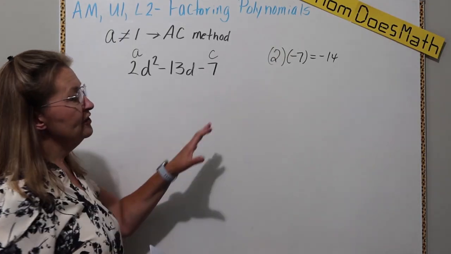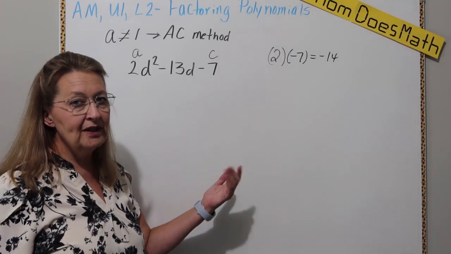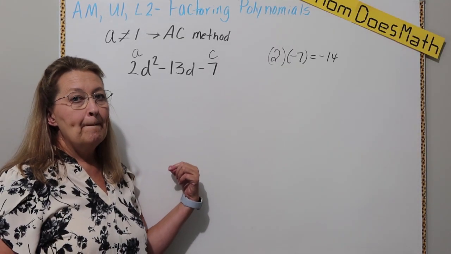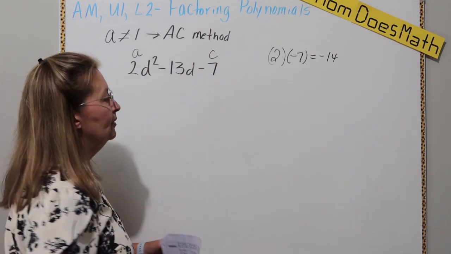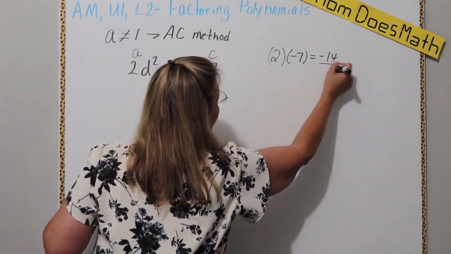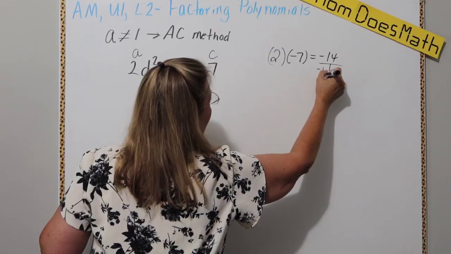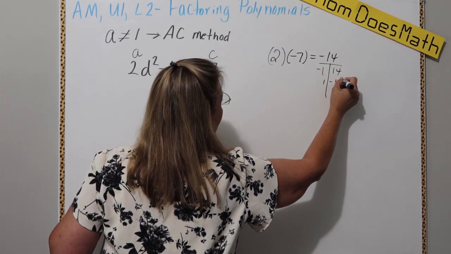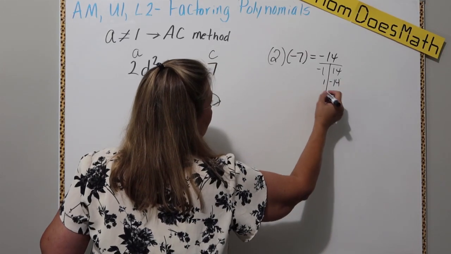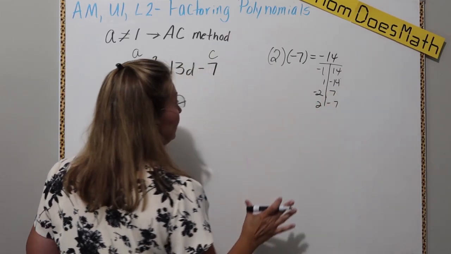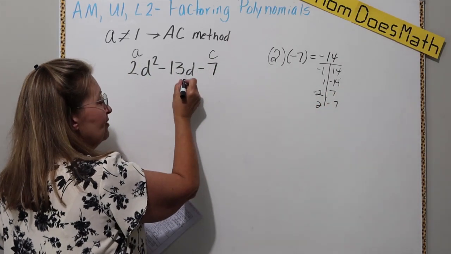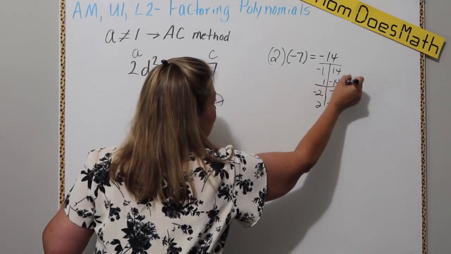Now, this is going to look a whole lot like the method we just used, but there's going to be a big change. So just hang on, stay with me. I'm going to make a chart under the negative 14, and I want all the numbers that multiply to give me negative 14. And I'm going to pick the pair that adds up to give me my middle term, which is this one.